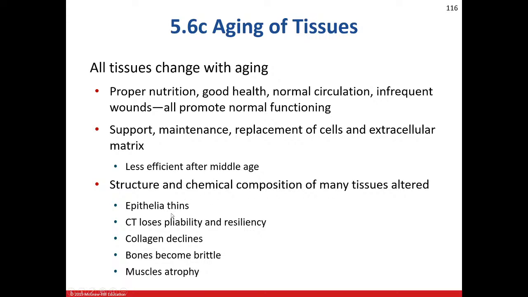The epithelia will thin. The connective tissue loses its pliability and resiliency, loses that elastin. The collagen will also decline, which will decrease the thickness and plumpness of the skin, right? The bones may become brittle because we'll begin to pull more calcium out of them than we can put in, and the muscles will atrophy.